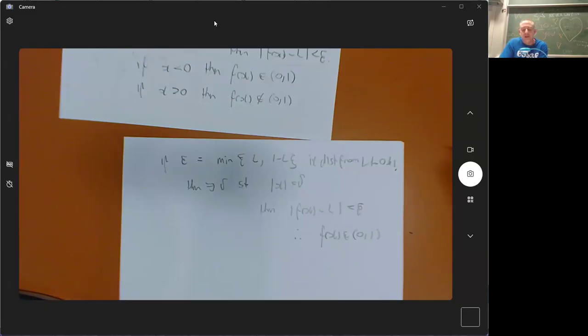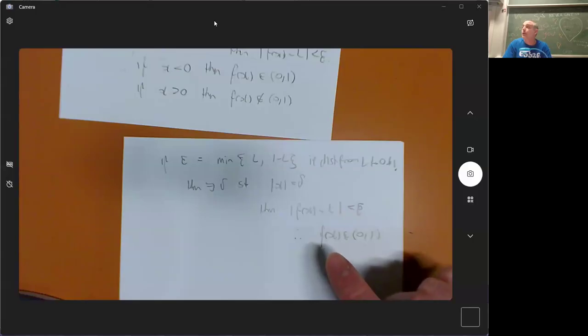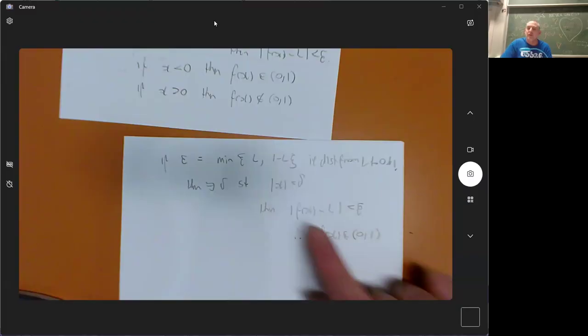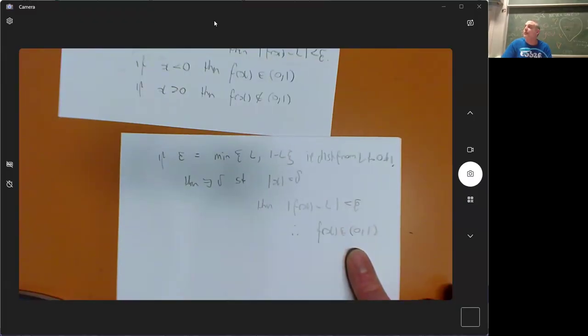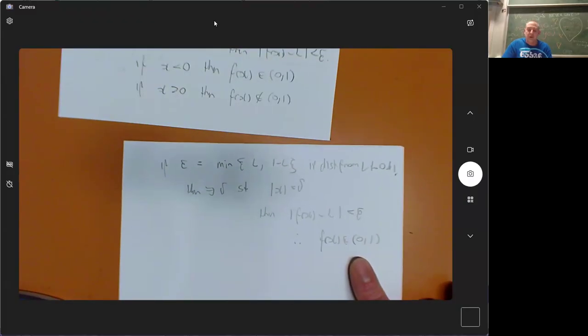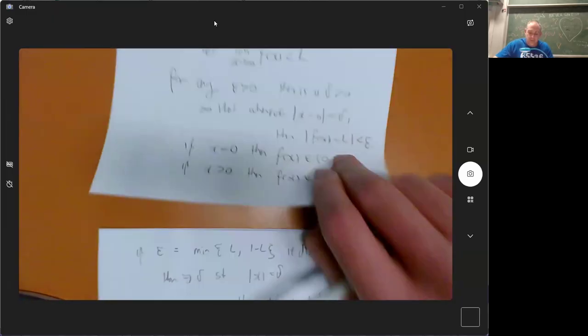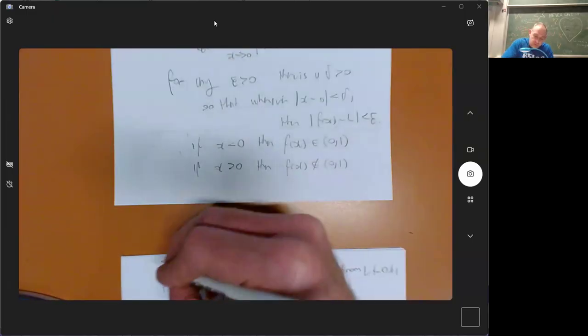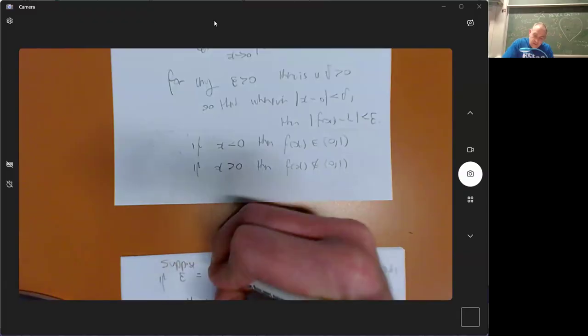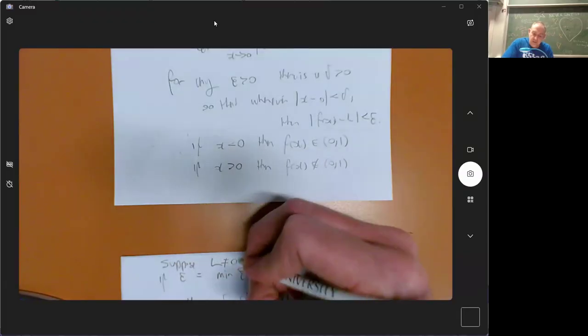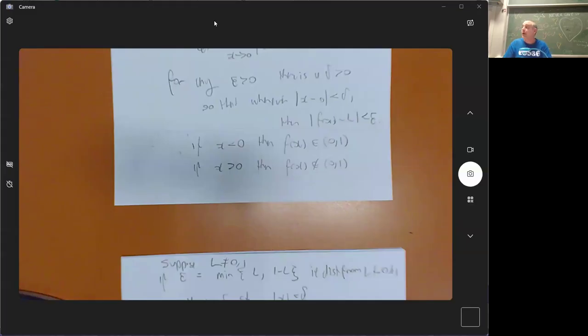Bear with me, I'm just thinking. But that's not true, because the negative x's there don't have f of x in there. So, this is me saying suppose L is not equal to 0 or 1, right?